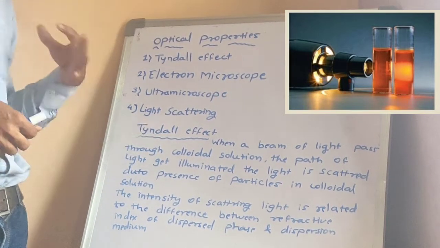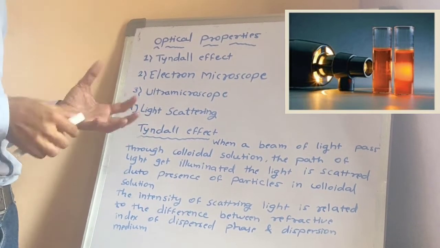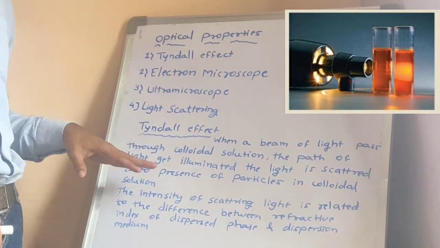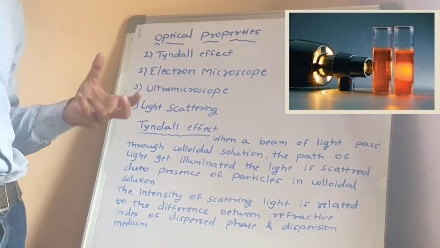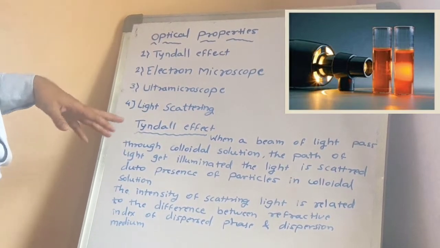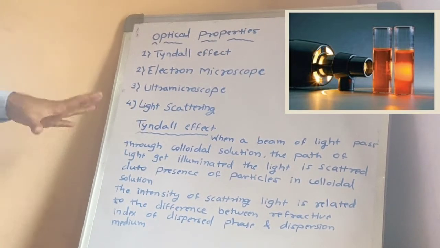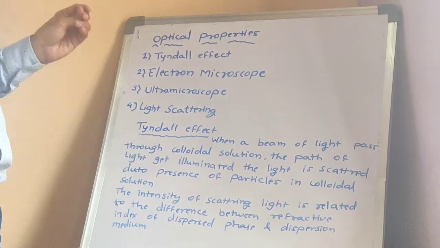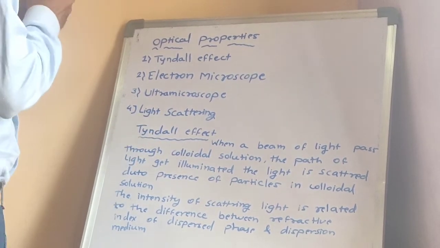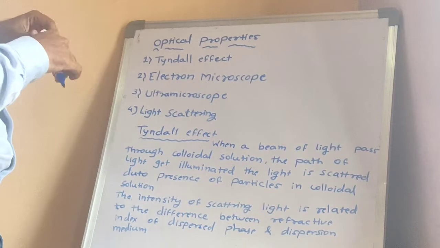In the case of colloidal dispersion, the intensity of that scattered light depends upon the concentration or presence of the dispersed phase. We are going to learn the Tyndall effect with the help of an example.